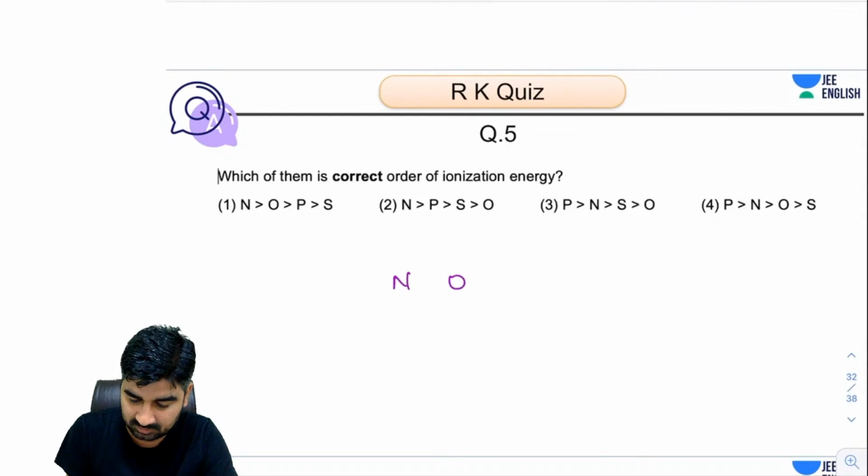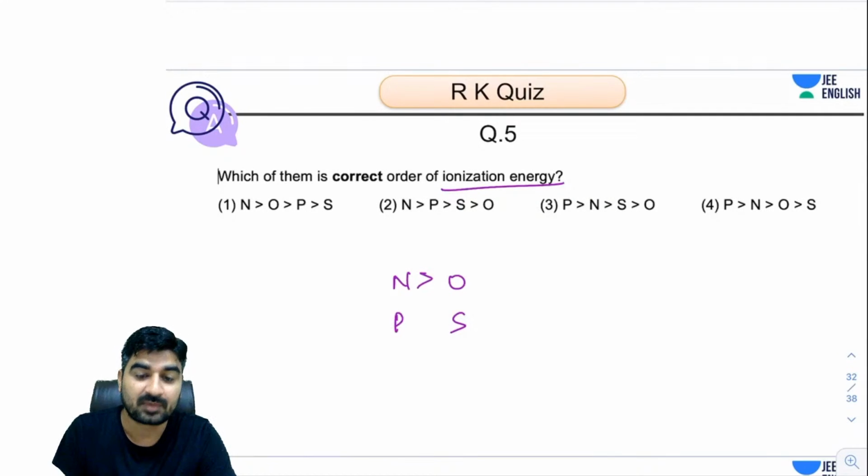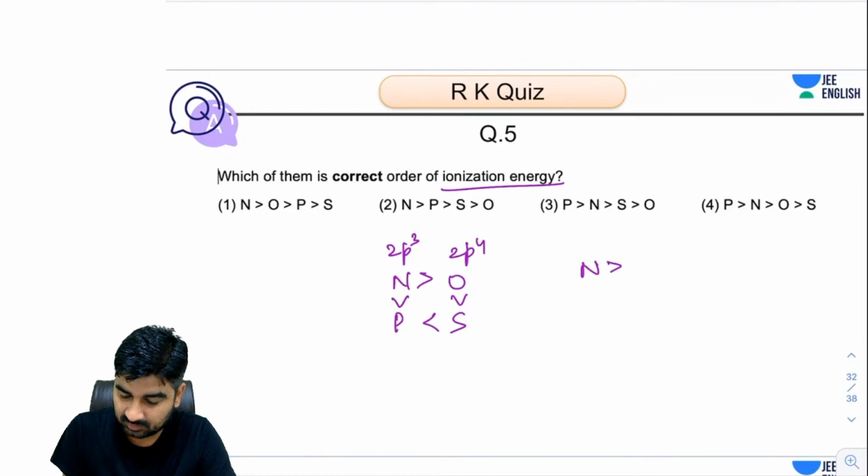Nitrogen, oxygen, sulfur. I need ionization energy, so nitrogen will have more. Why? Because it is 2p3, it is 2p4. Oxygen will have more. So nitrogen, then oxygen, then sulfur.